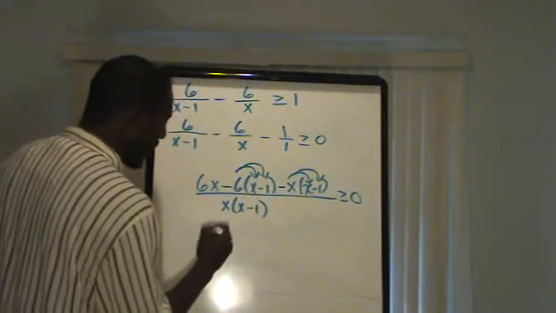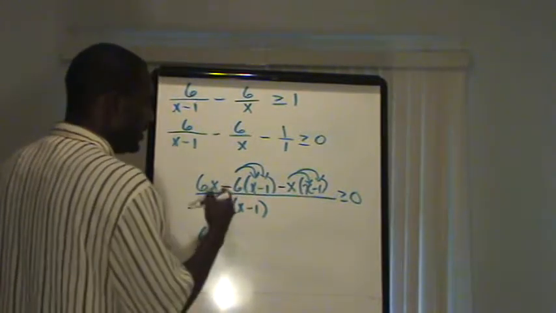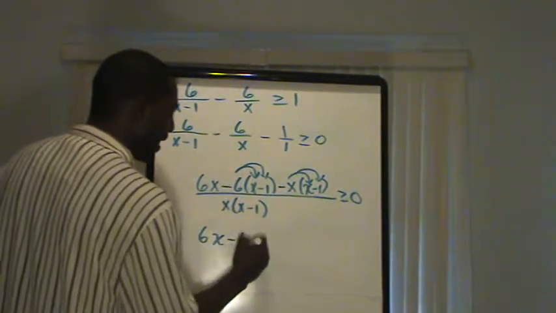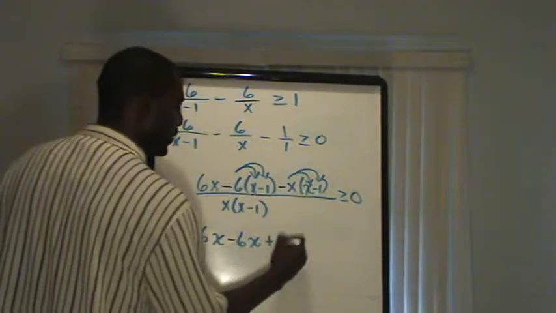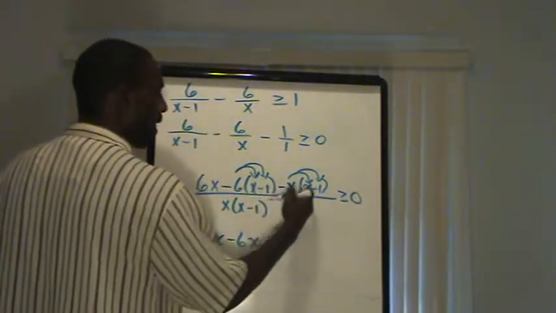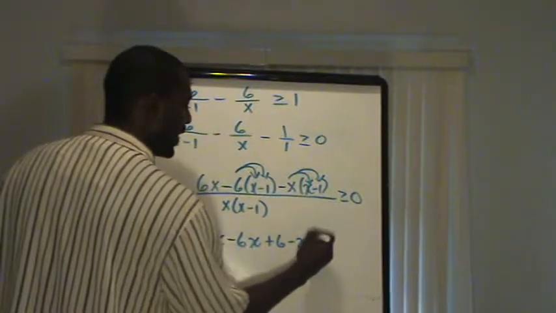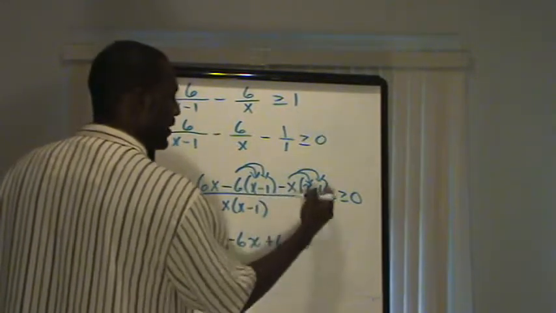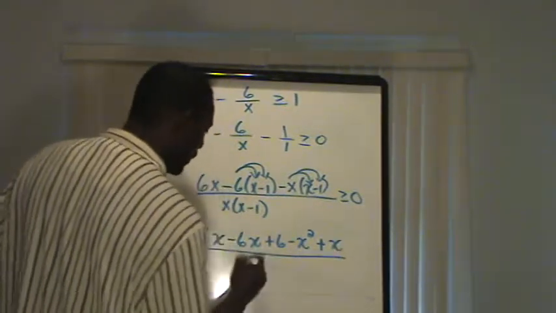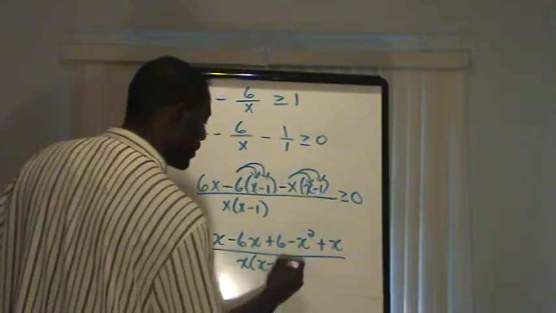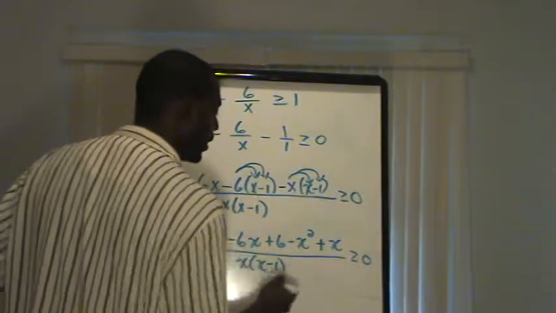We bring down our 6x. Negative 6 times x is negative 6x. Negative 6 times negative 1 is plus 6. Negative x times x will be negative x squared, and negative x times 1 will be positive x. And this is all over x times x minus 1 greater than or equal to 0.